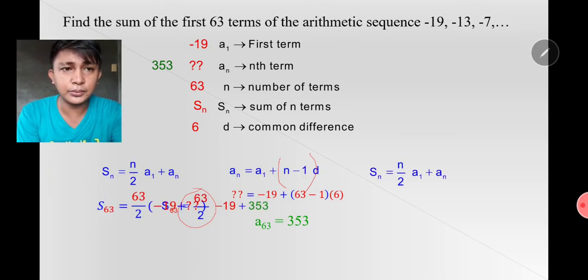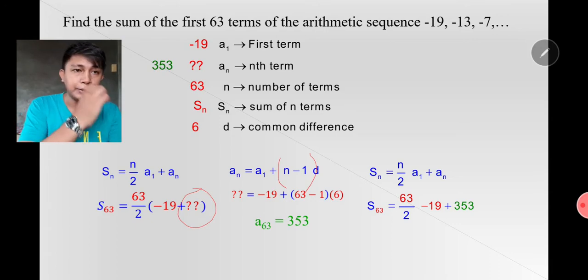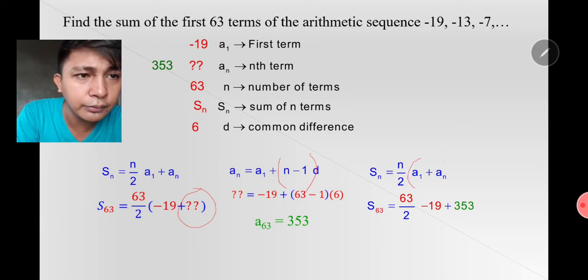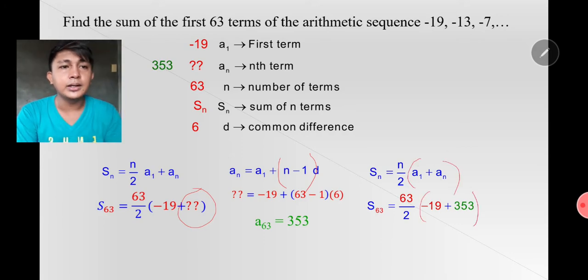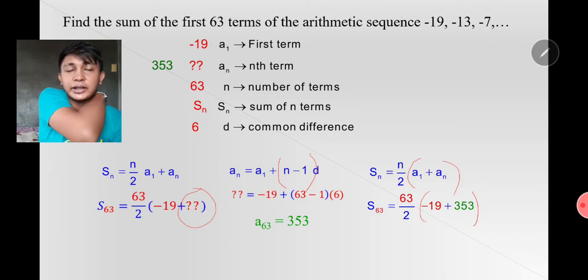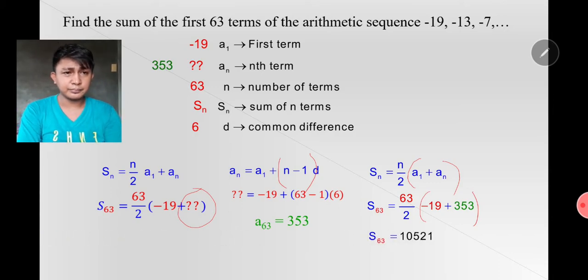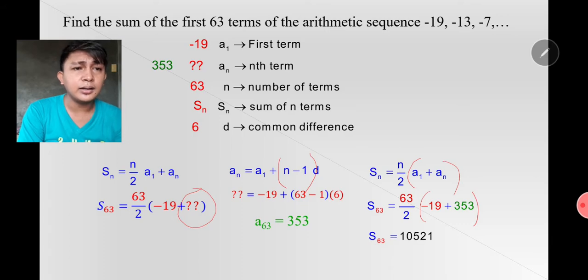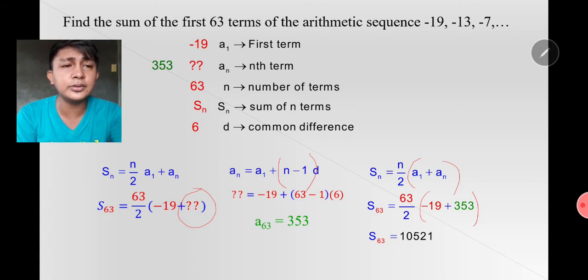Okay. So, by substitution, we have now 63 divided by 2. So, parentheses, always do not forget the parentheses kasi magkaiba ang ibig sabihin niyan. So, 353 minus 19 or negative 19 plus 353, we have then the sum of the first term and the last term, negative 19 plus 353, we multiply it to the quotient of 63 and 2.